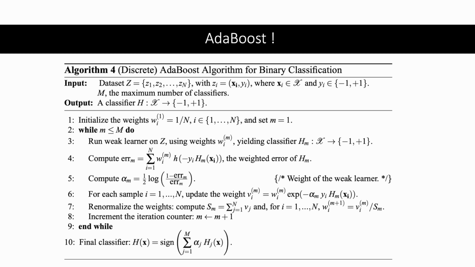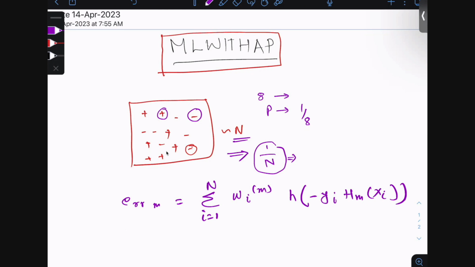So my error m is equal to the sum over i equals 1 to N of w_i^m times the indicator of h_m(x_i) not equal to y_i. Now let's see, this is what is being written.